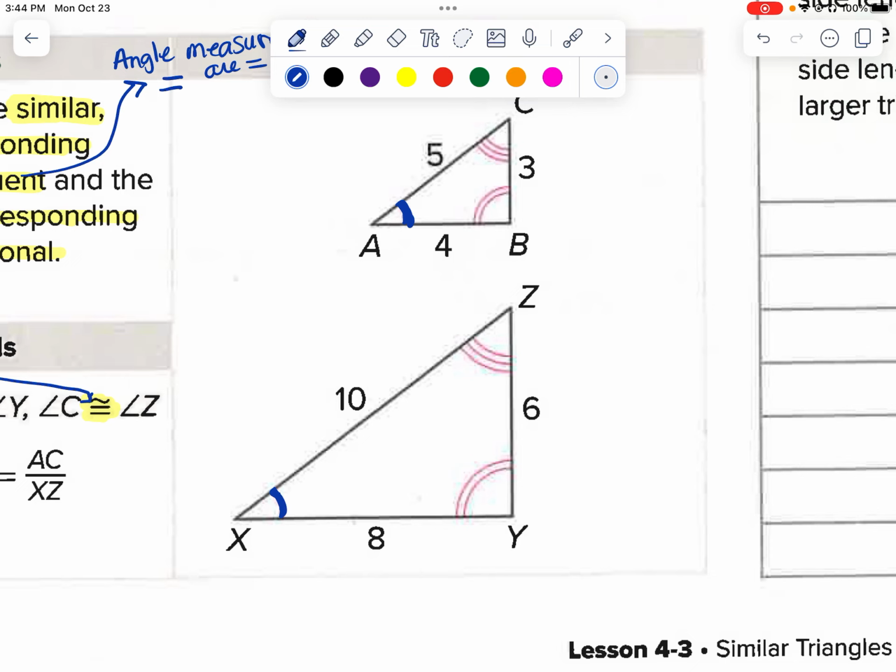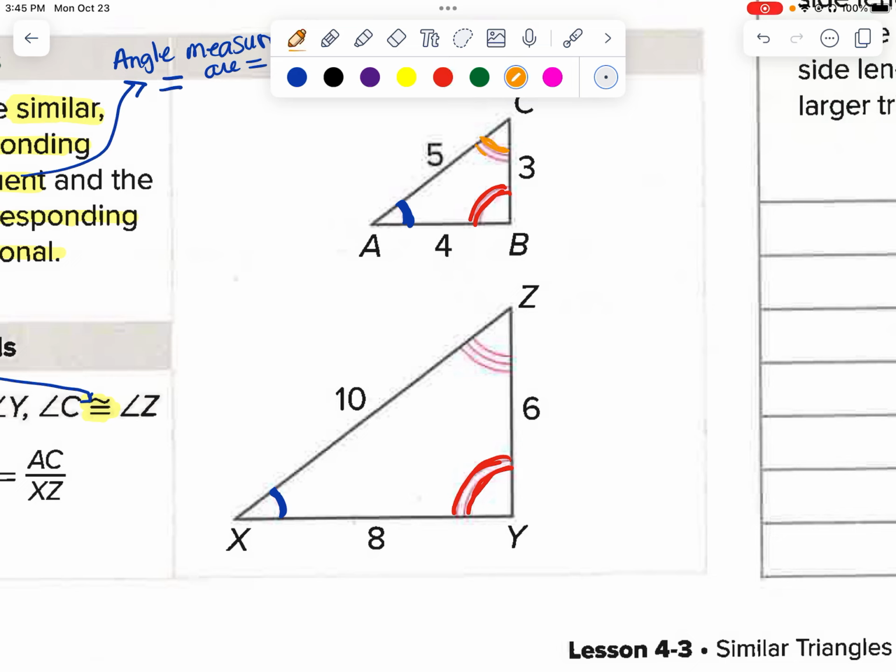If I look at angle B, I'll change my color for this. Angle B has two arc marks. That is the same measure as angle Y. They have the exact same angle measure. They are congruent to each other. Then I want to do orange.